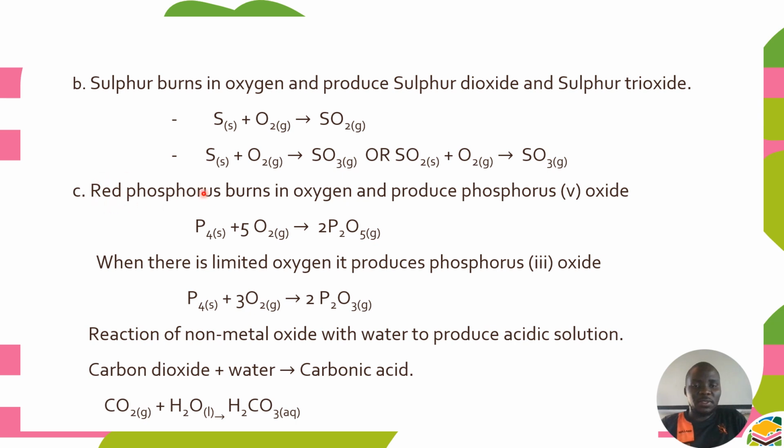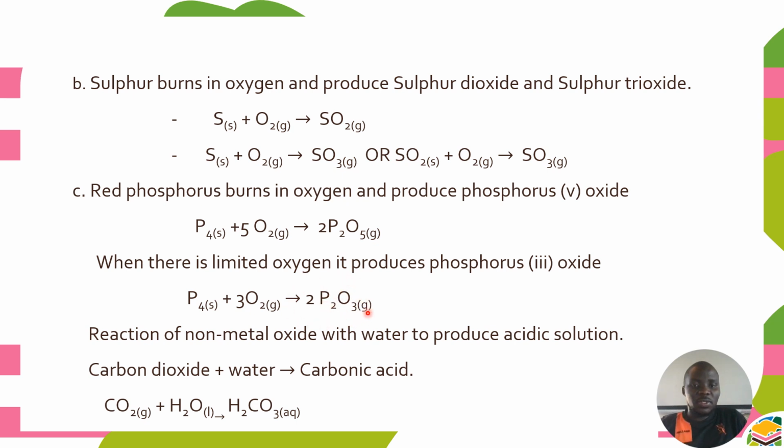Phosphorus usually occurs in two allotropes, white as well as red phosphorus. The red phosphorus burns in oxygen and produces phosphoric oxide. Like the equation stipulated, we have phosphorus, oxygen, producing phosphorus oxide. When there is limited oxygen, it produces phosphorus.